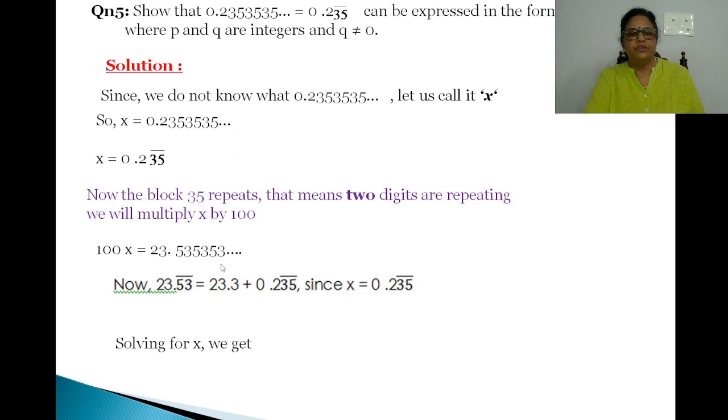So now 23.53 bar is equal to 23.3 plus x. What is x? 0.2353535 etc., or 0.235 bar.